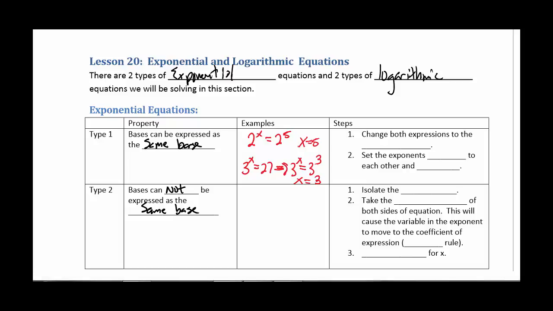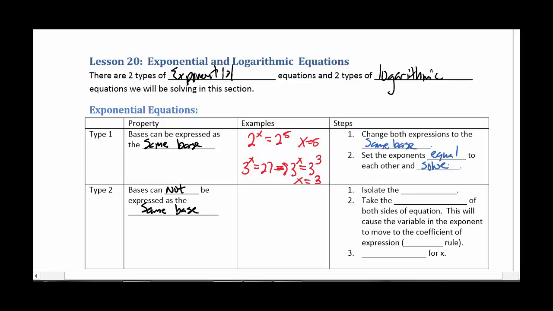What I physically did in both examples is I changed both expressions to the same base, and then I set the exponents equal to each other and solved.